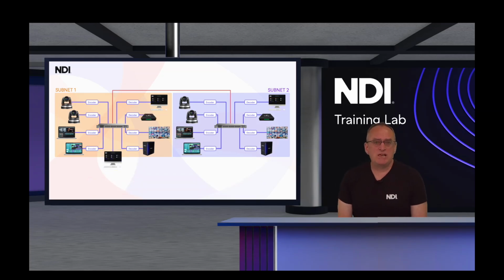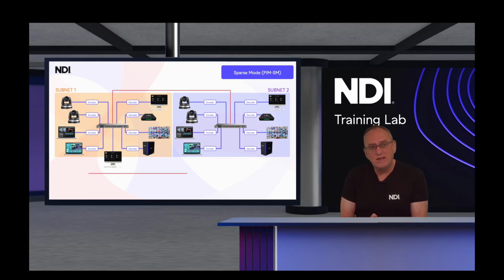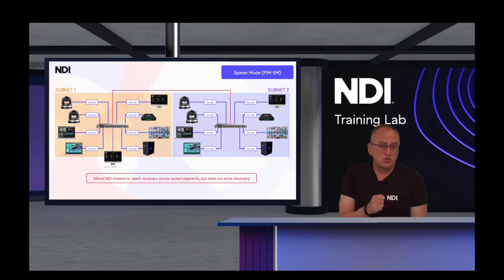Third option is multicast routing, which is an advanced option. The network must support multicast routing through protocols such as PIM sparse mode if multicast streaming is used across subnets. And this allows NDI streams to reach receivers across routed segments, but does not solve discovery. Multicast routing is only part of the picture.